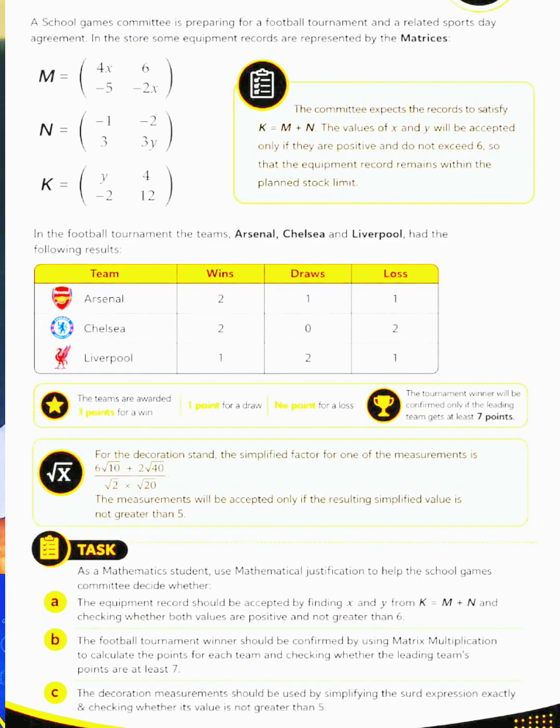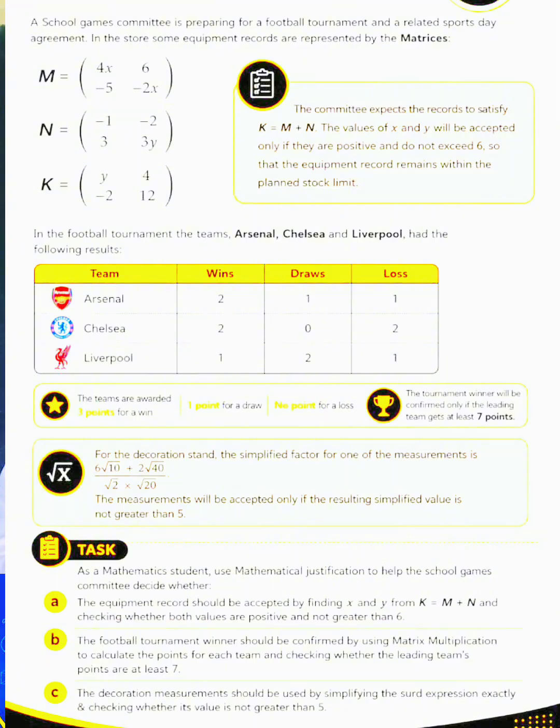It goes: a school games committee is preparing for a football tournament and a related sports day and the equipment in the store. Some equipment records are represented by the matrices. M is 4x, -5, 6, -2x. N is -1, 3, -2, 3y.